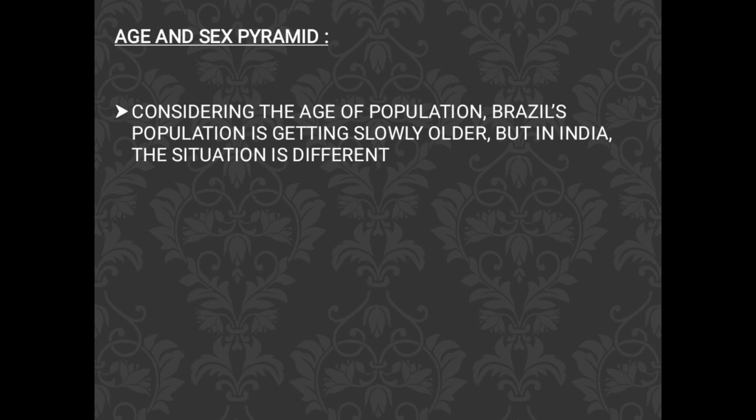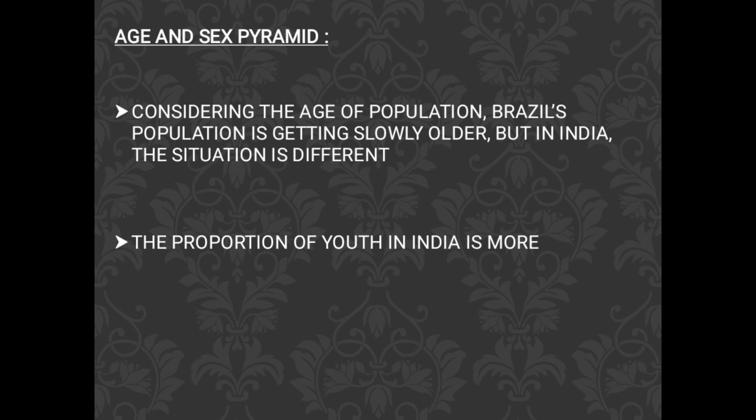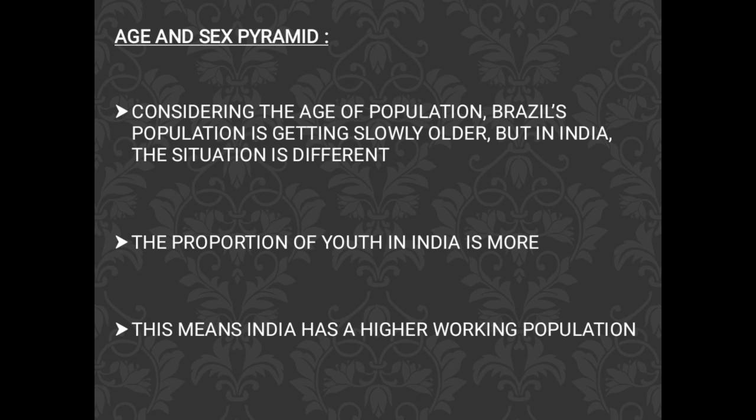Considering the age of population, Brazil's population is getting slowly older, but in India, the situation is different. The proportion of youth in India is more. This means India has a higher working population.